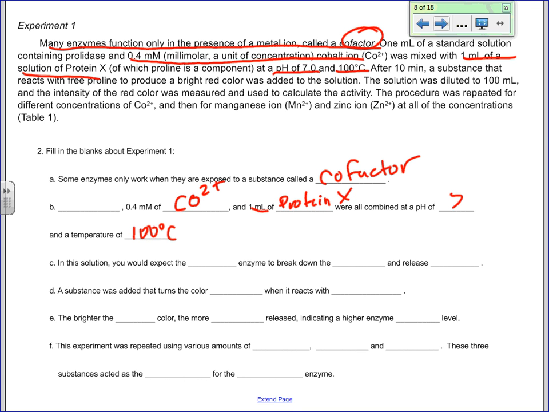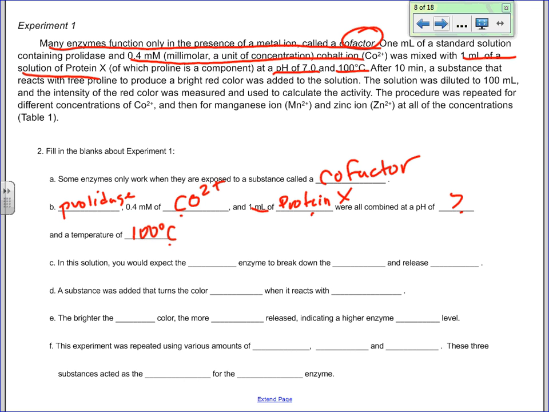And what are we missing from this whole thing? 1 milliliter of that contains what? Prolidase. Good. So we need prolidase, the enzyme, combined with the cofactor to make it work, and combined with the protein it's going to break down, at a pH of 7 and a temperature of 100 degrees.